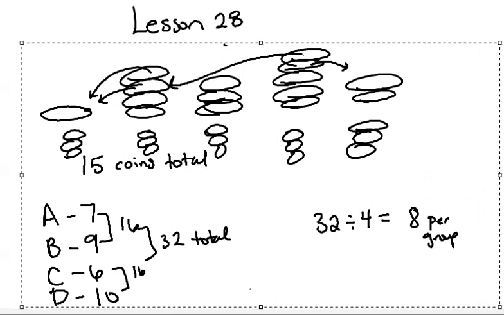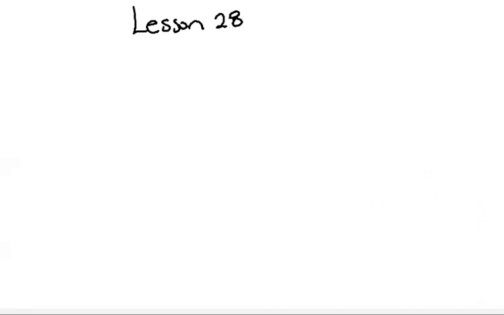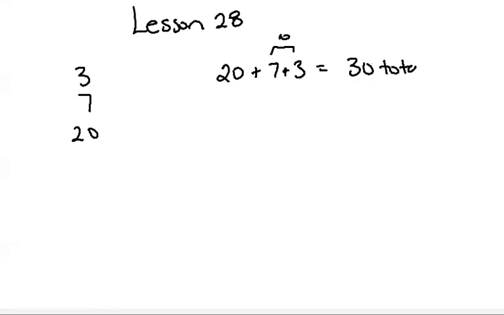Let's do one more example of average. When people were seated, there were 3 in the first row, 7 in the second row, and 20 in the third row. What was the average number of people in the first 3 rows? So we know that for average, we have to add them up. 20 plus 7 plus 3. 7 and 3 makes 10, so 10 and 20 is 30 total.